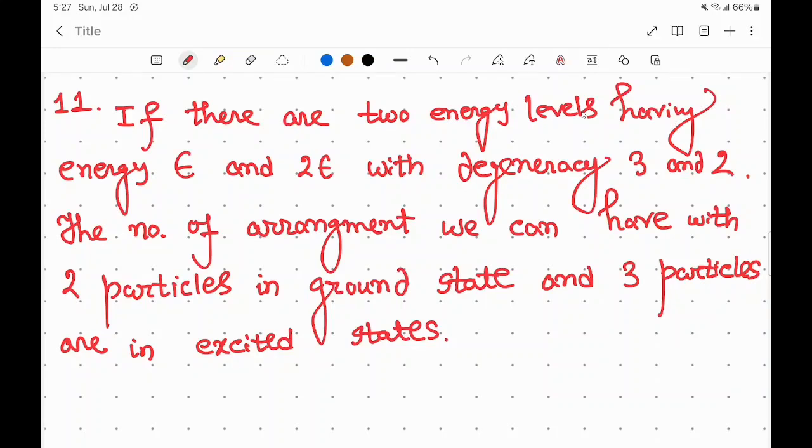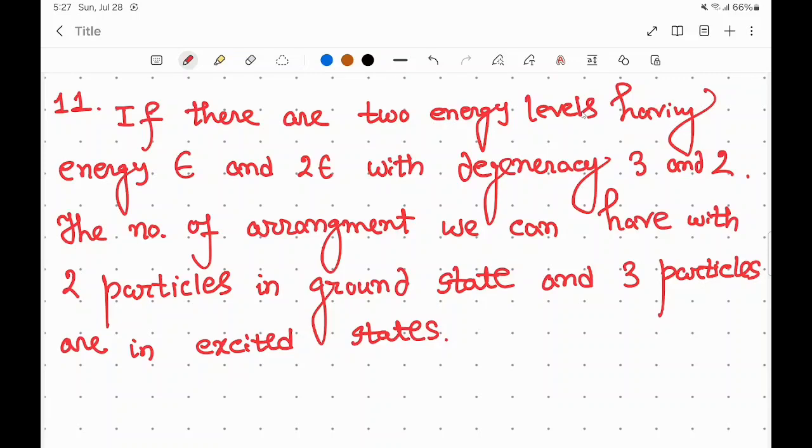E is used for the ground state. Two energy levels are there, epsilon and 2 epsilon. So the ground state energy is epsilon and the excited state energy is 2 epsilon. Just use the general formula. One more thing: if it is not mentioned whether the particle is quantum or classical, distinguishable, then by default you have to consider Maxwell-Boltzmann statistics, the distinguishable particle.